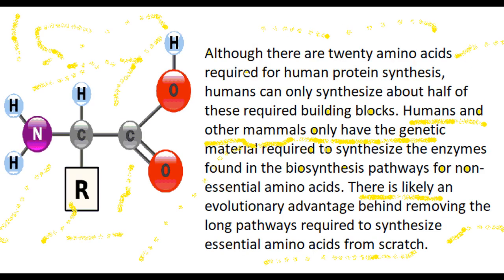Although there are 20 amino acids required for human protein synthesis, humans can only synthesize about half of these required building blocks. Humans and other mammals only have the genetic material required to synthesize the enzymes found in the biosynthesis pathways for non-essential amino acids. There is likely an evolutionary advantage behind removing the long pathways required to synthesize essential amino acids from scratch.